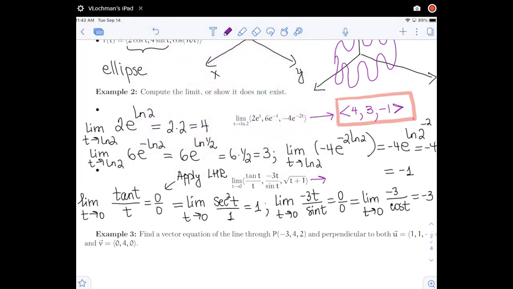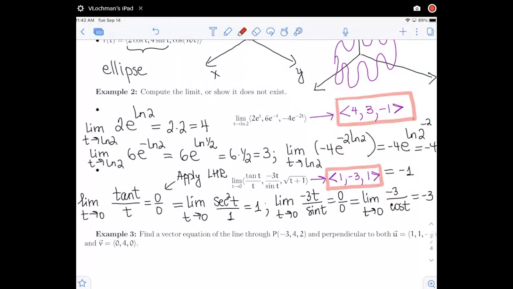So what is our final answer? Our final answer is a vector, right? Not a point. So we're using triangular brackets with components 1, -3, and 1. Okay, so that's our answer for this particular problem.